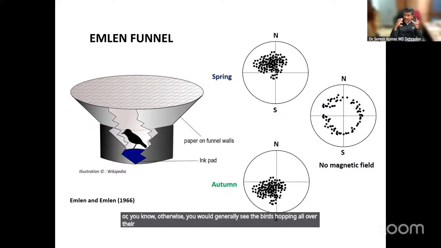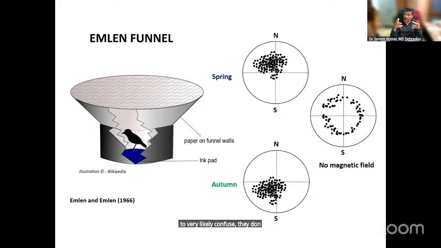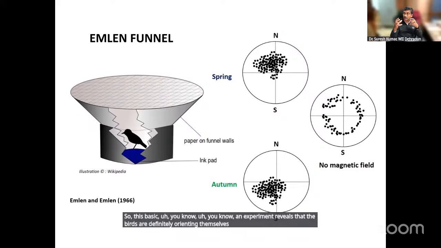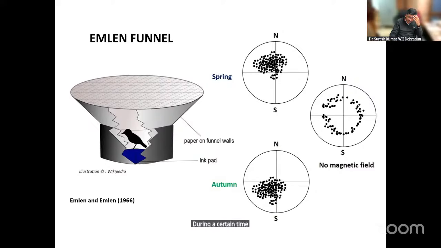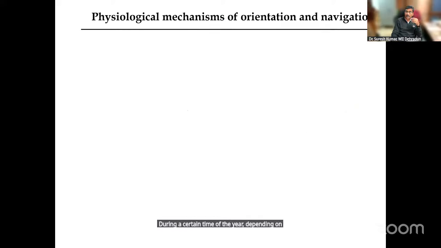They're very likely confused. They don't know where is north, where is south, and so they're moving all around. So this basic experiment reveals that the birds are definitely orienting themselves to certain directions during a certain time of the year, depending on where they were going to migrate.